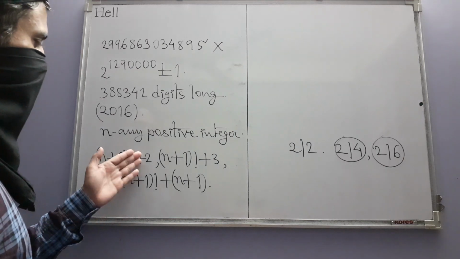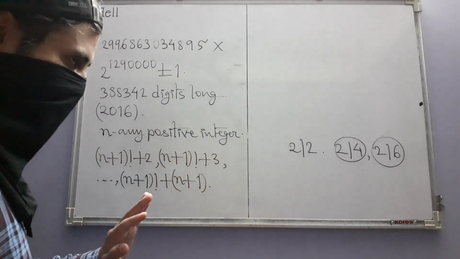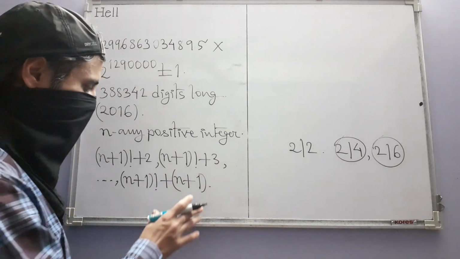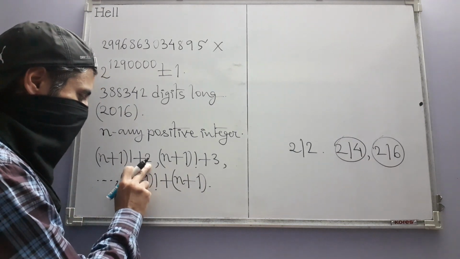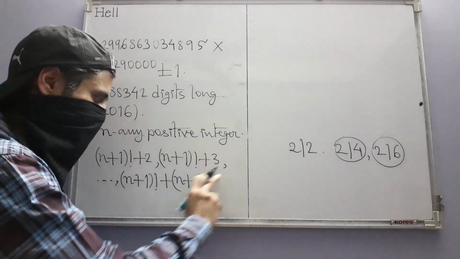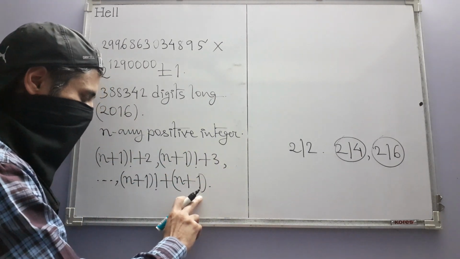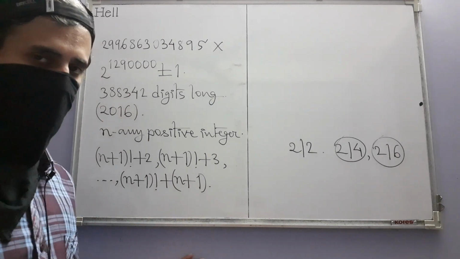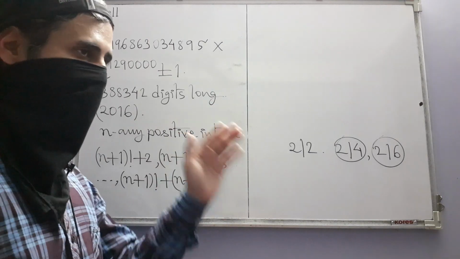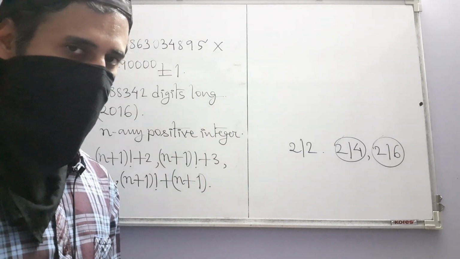Okay, and the things by which we are dividing, they themselves are greater than 1, all of them. So 2 is the non-trivial factor of this first number, 3 is that of the second, n plus 1 for the last number. So this is a string of n consecutive composite integers.